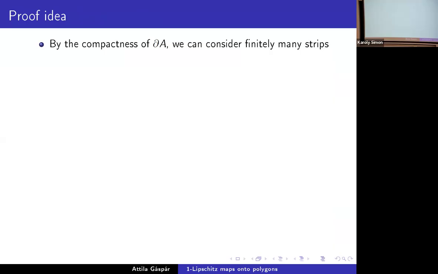So the basic idea of the proof is to cover the boundary with finitely many strips. We can do this by compactness. And then we want to map the strips into the union of finitely many lines with the one-Lipschitz map.